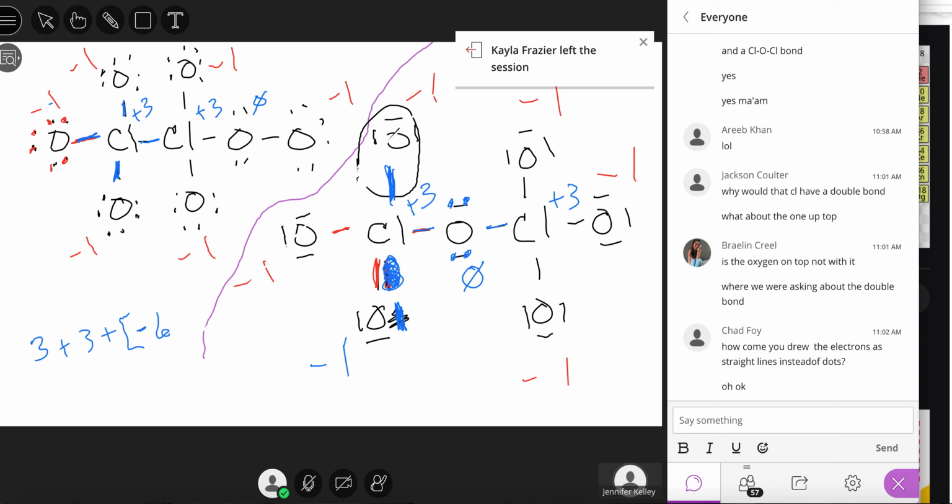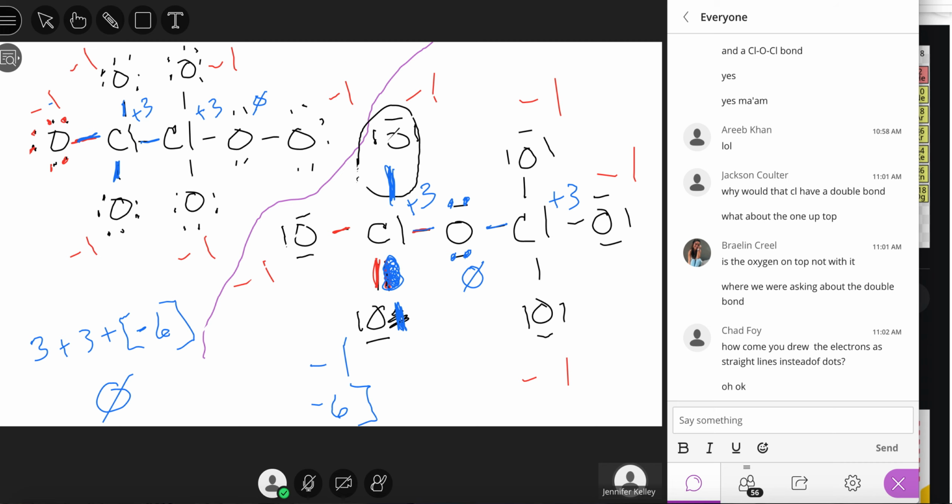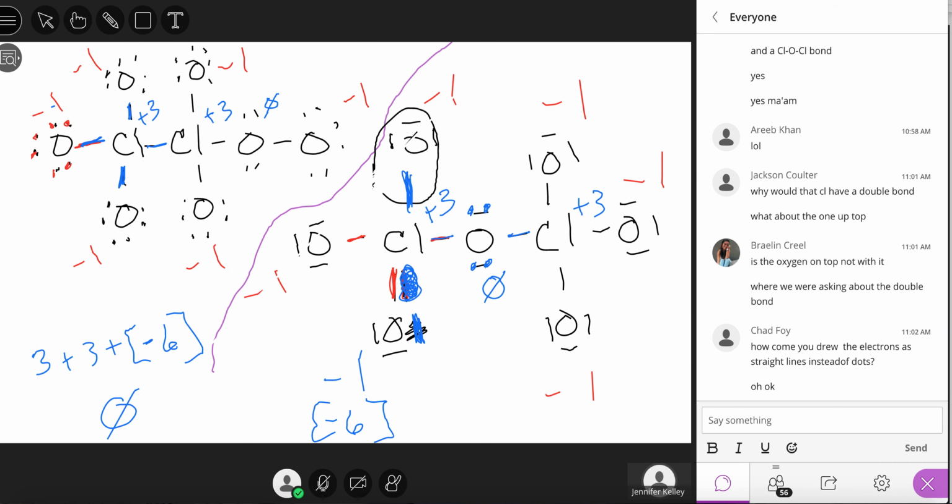So -6. So the overall thing is 0. And then it's, let's see, 1, 2, 3, 4, 5, 6. And then 3 and 3 is 6, which is also 0. And then the +3s are all on the chlorine no matter what you do.